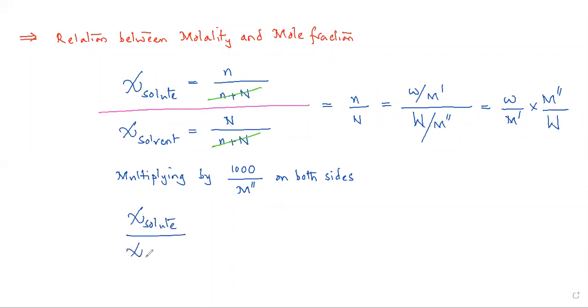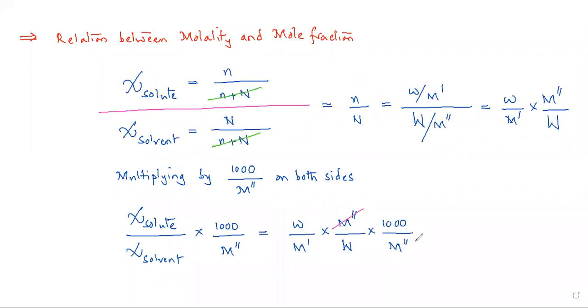Mole fraction of the solute by mole fraction of the solvent into 1000 by m double dash is equal to small w by m dash into m double dash by capital W into 1000 by m double dash. Right. Now these two get cancelled. And the thing that is left out, just check this out.